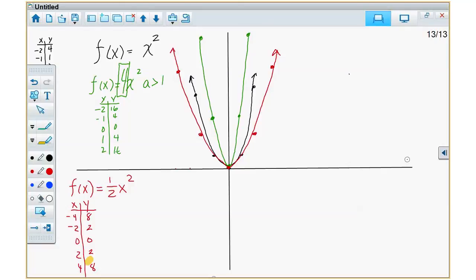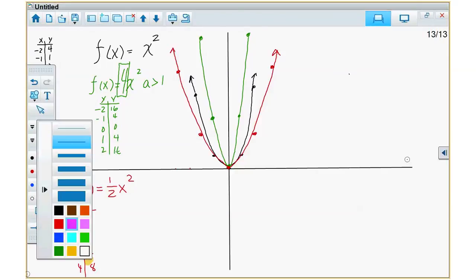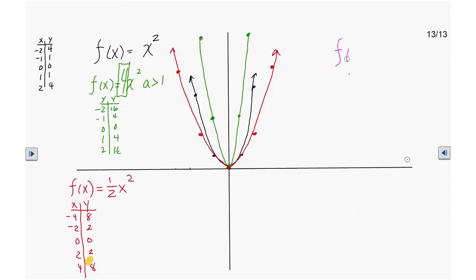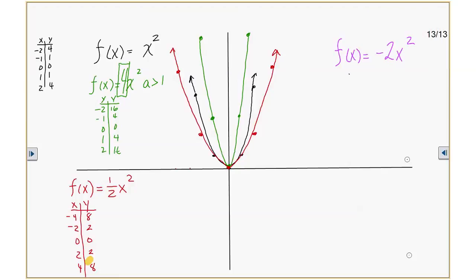Okay, now let's do something else. Let's take our magenta button and let's do f(x) = -2 x squared. Do that one. This will be the last one. We'll continue this.